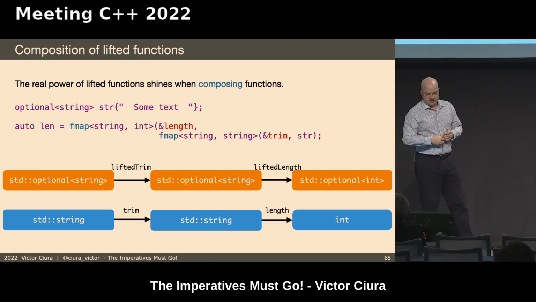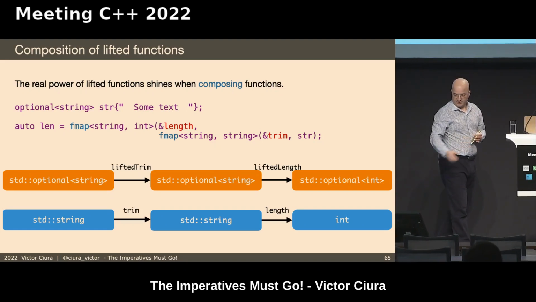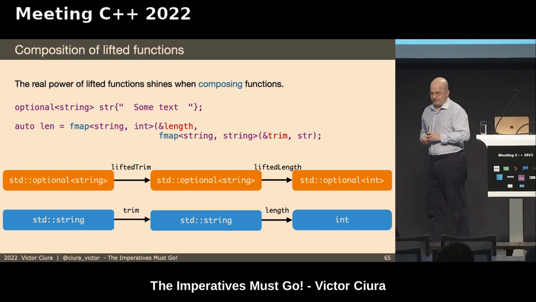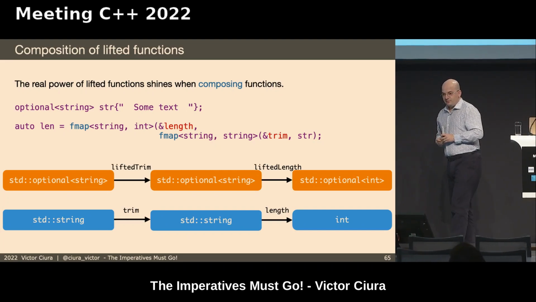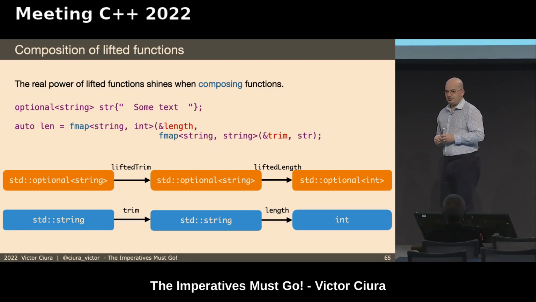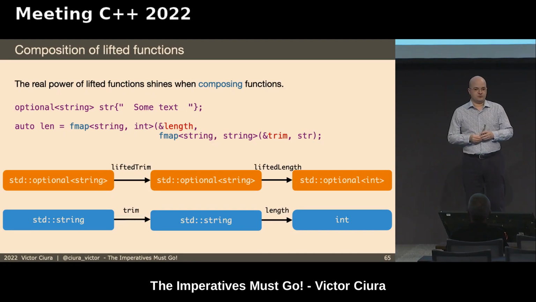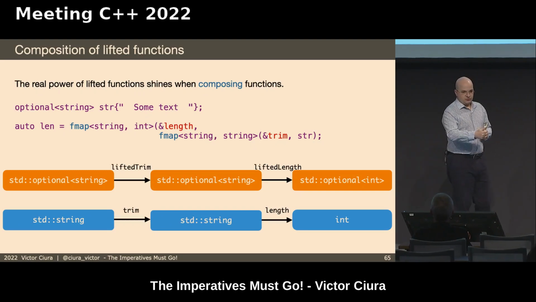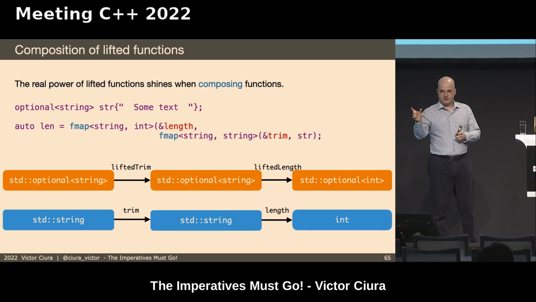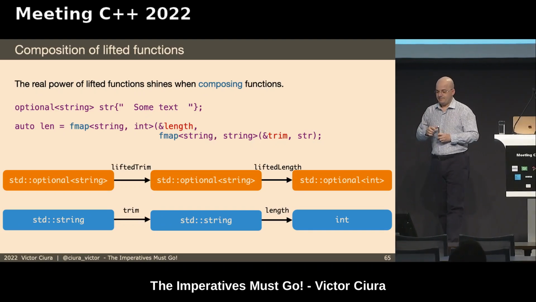And if we want to express that concretely, let's say we have a two-stage transformation. We want to trim a string and then measure its length. Standard way of chaining these kinds of operations. So we want to trim the string, any white space and stuff like that, and then we want to see how long it is.